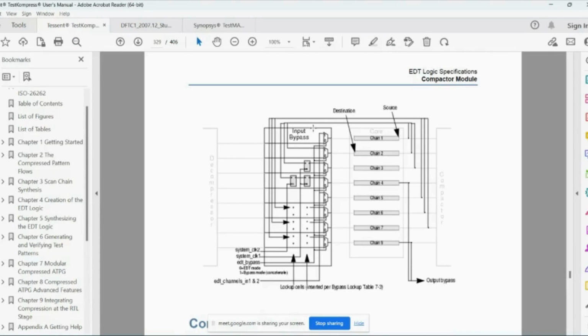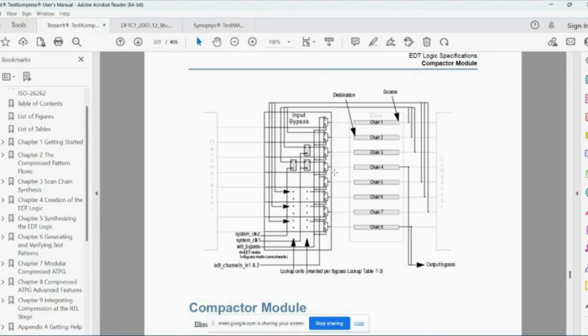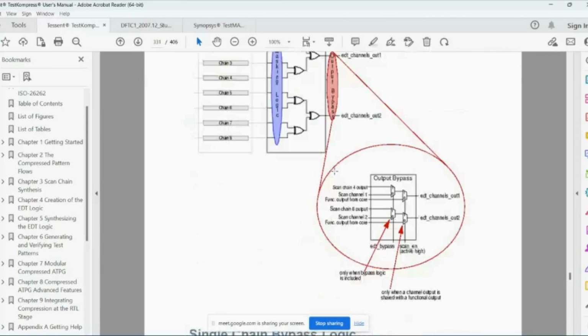The compressor chains are routed back into single individual chains by using the mux structure, with the mux select line being the EDT bypass mode, high or 0.